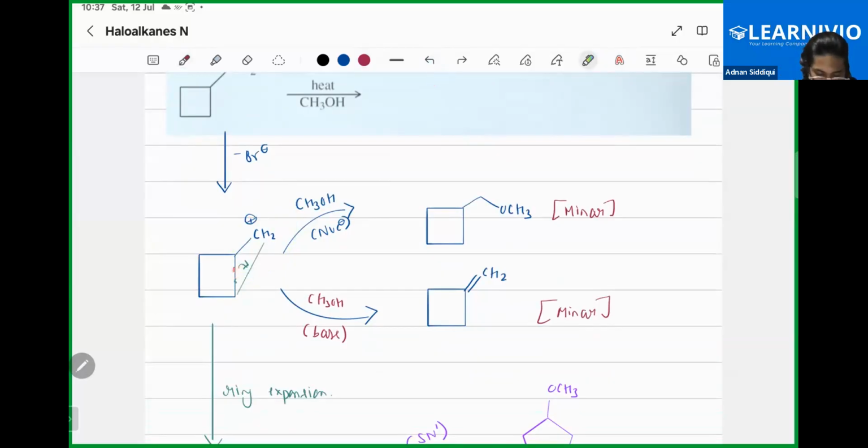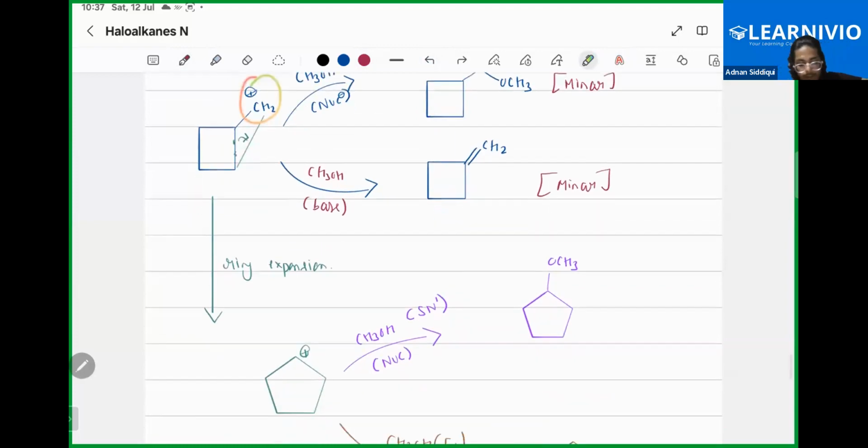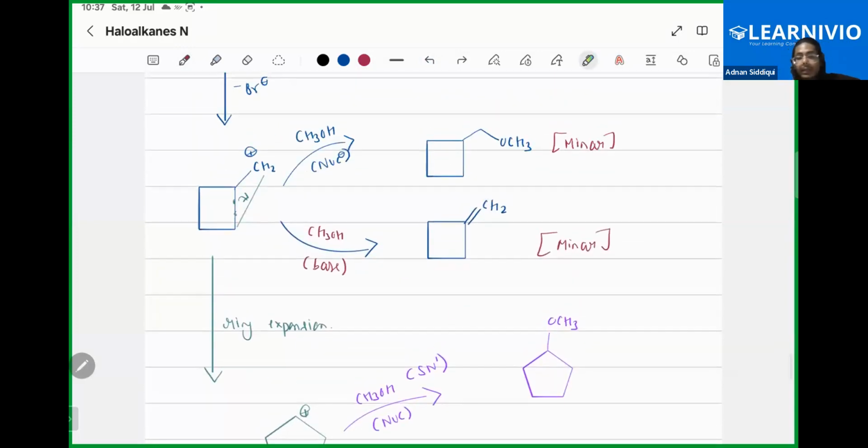These bonds will be broken from here and it will connect here. We will call it ring expansion, and we will get something like this. Out of these two, we have this one more stable because it is a 2 degree carbocation now. And it is not that the other product will not exist.